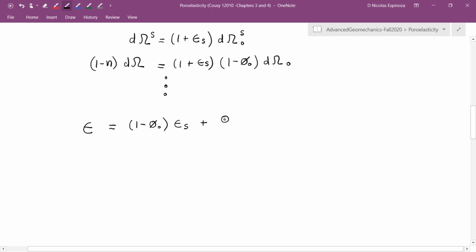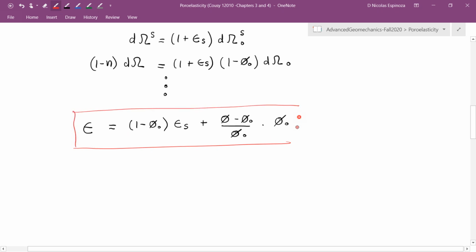And this is going to be equal to the porosity at some time, t, minus the initial porosity, divided by the original porosity, times the porosity at initial conditions.